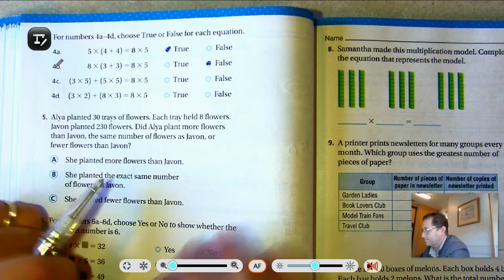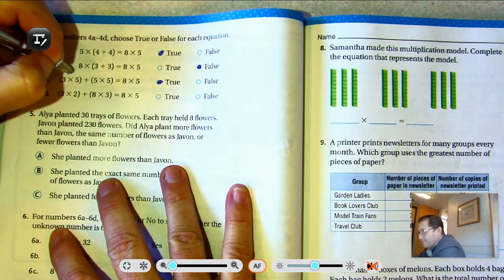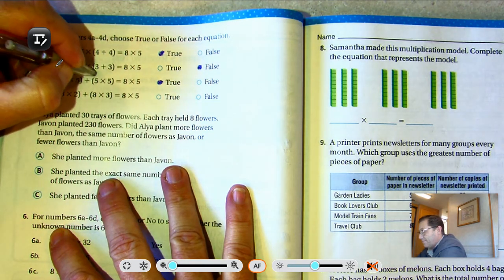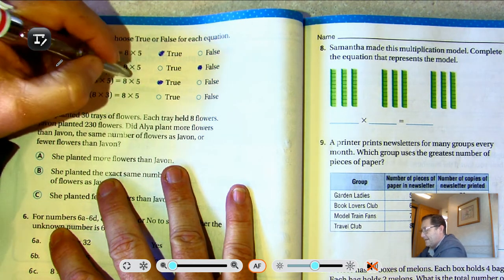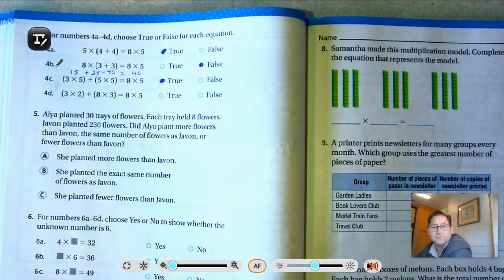That's true. Another way we could do this is 5 times 3 is 15, and 5 times 5 is 25. 15 plus 25 is 40. 8 times 5 is 40. So 40 does equal 40.